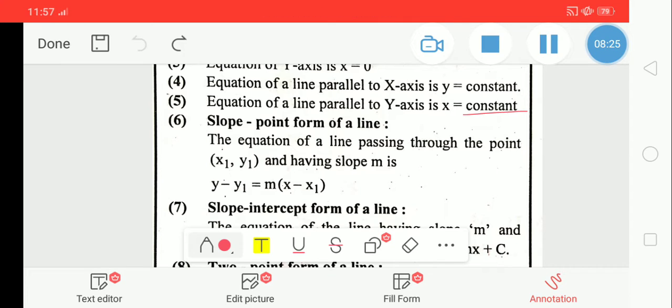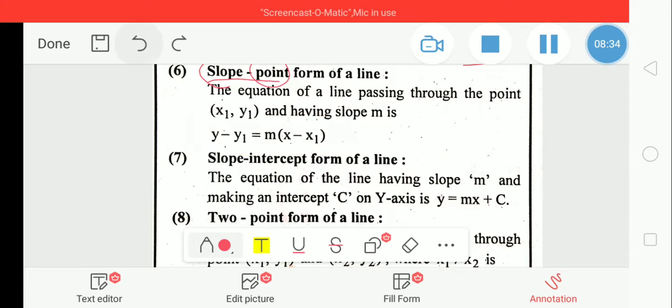Now, finding the slope point form of a line. When a slope and one point are given, we use this. Then the slope and intercept form of a line, we use this one: y is equal to mx plus c.